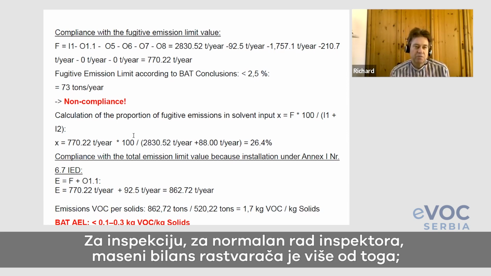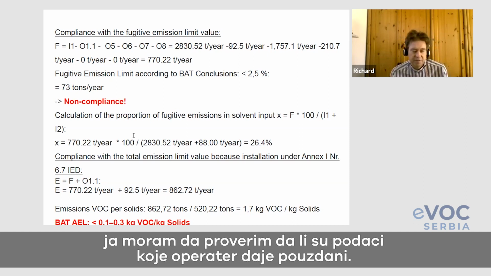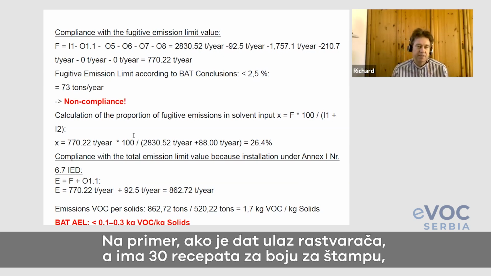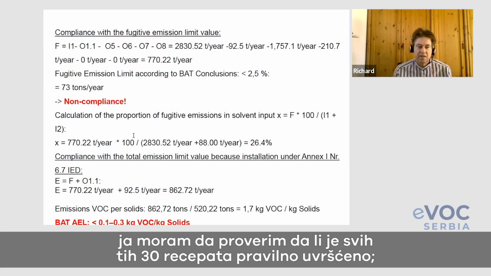For the inspection work, that's in the normal work of inspectors like me, the solvent mass balance is more. I have to check if all the data that the operator has included are reliable. For example, for the solvent input I have shown you, there can be maybe 30 recipes for printing, and I must check if all 30 recipes have been correctly taken into account.